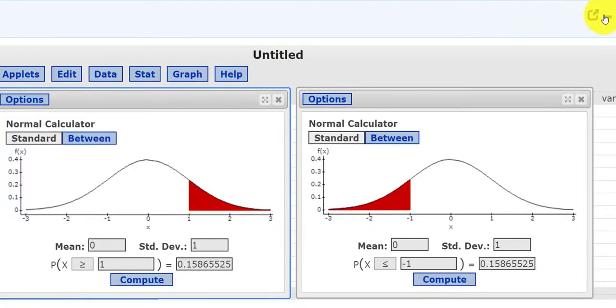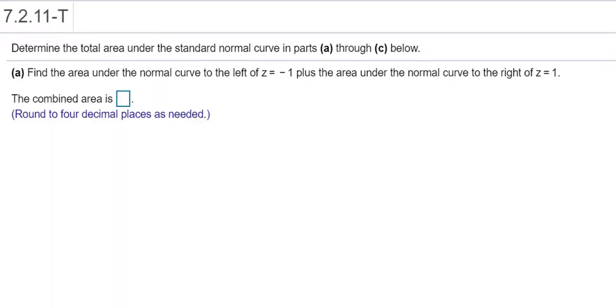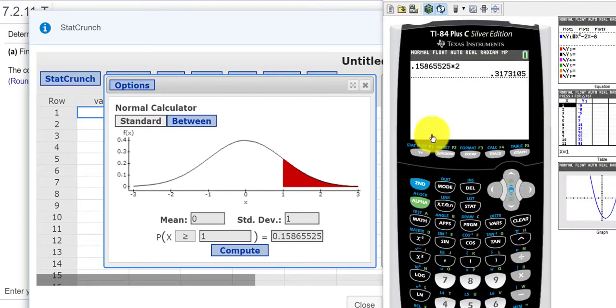It asked us to go to the left of negative 1 plus the right of 1. So I have to add those 2 together. That's basically this value plus this value. So I multiplied the 0.158 times 2, and that is my answer. So to 4 decimal places, we'll enter 0.3173.